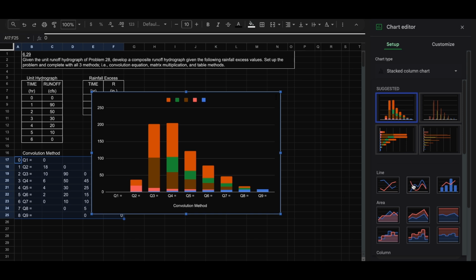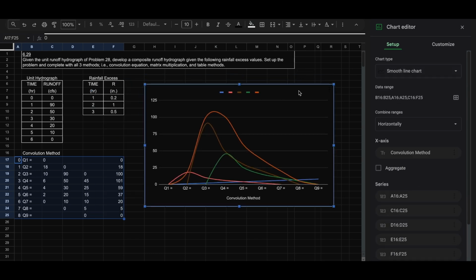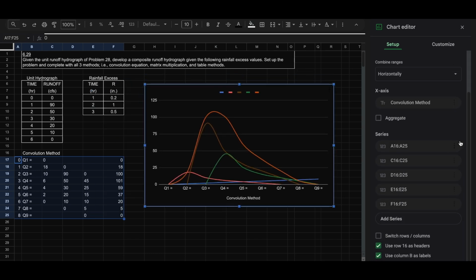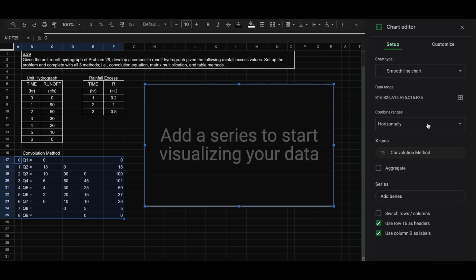We don't want the chart, we want this. And let's remove all series, data range, horizontally, at x-axis, and we want to use the column A, 16 to 25.